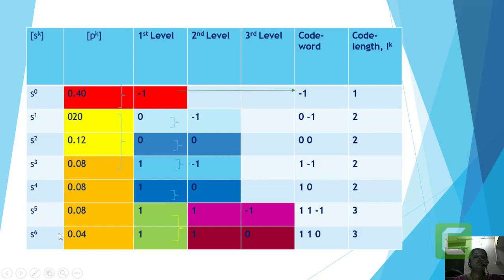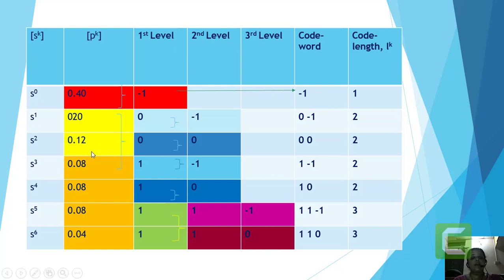Let's go for the third group, which consists of 4 symbols: 0.08, 0.08, 0.08 and 0.04. Again, m is 3. So the subgrouping should be done in such a way that the groups have nearly equal probability, and the number of groups made should be 3.